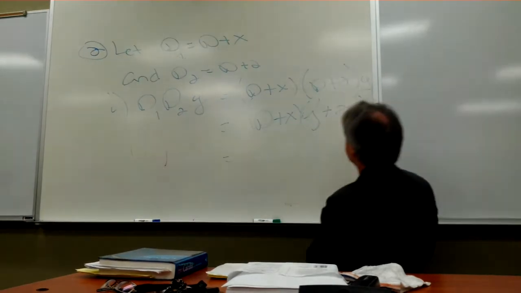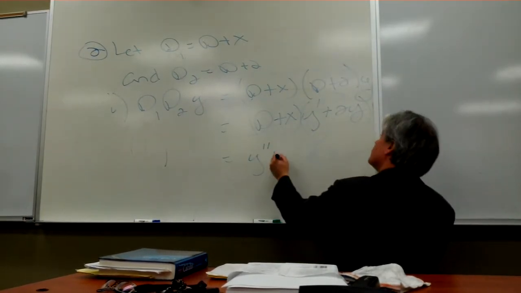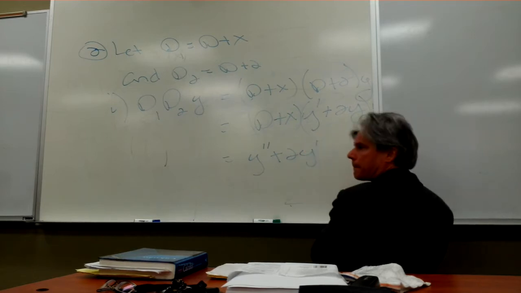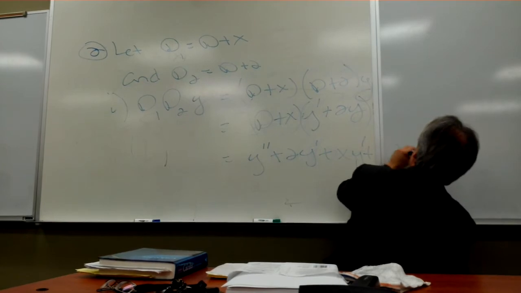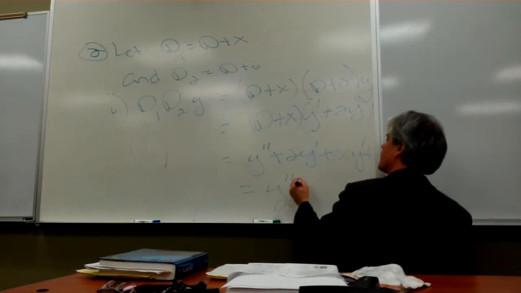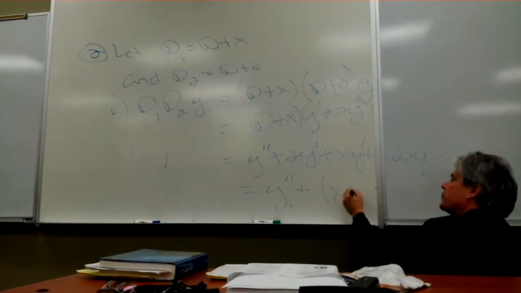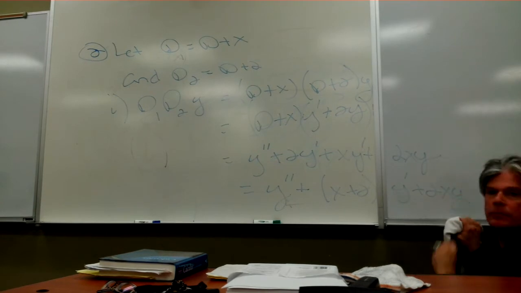Is that going to give me a y double prime plus 2y prime plus x times y prime plus 2 times xy? Or shall I say, I've got a y double prime plus, how about x plus 2 times y prime, and then plus a 2 times x times y.